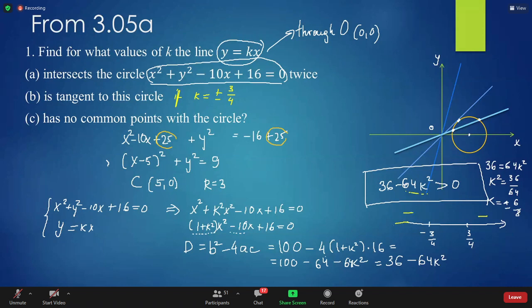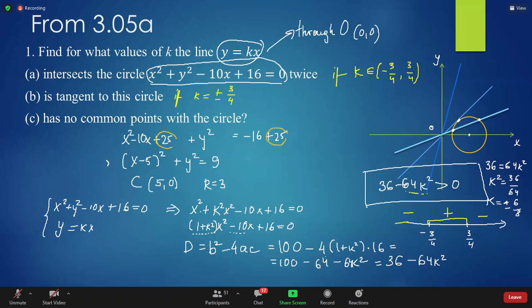But if k is comparatively small, then 64 times k squared is small, so 36 minus something small would be positive. And so we see the circle would be intersected twice if k is between minus 3 over 4 and plus 3 over 4. Or we can write k belongs to the segment from minus 3/4 to plus 3/4. Then the line would intersect the circle twice because the discriminant of the resulting equation is positive.